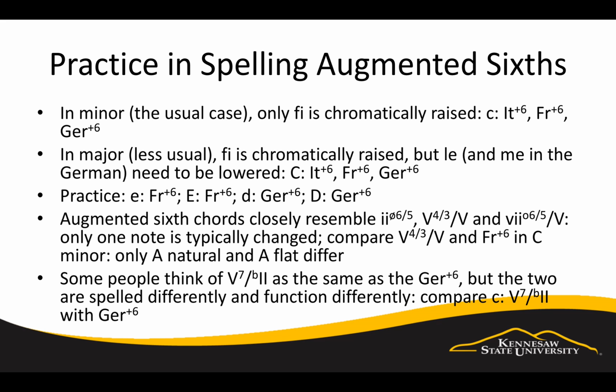However, if we convert that to a German chord, it would be A flat, C, E flat, but then that black note on top, the G flat, needs to be gone to as an F sharp, which indicates it's going to go to 5.